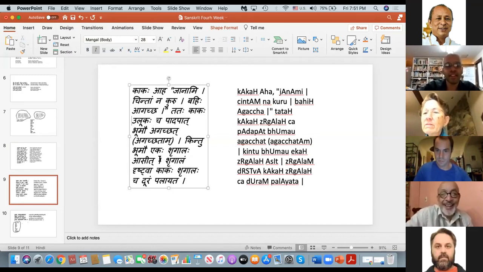Yes. Then the crow and the owl from the tree went to the ground. But on the ground there was a jackal. Very easy. Here too again I use srigala.